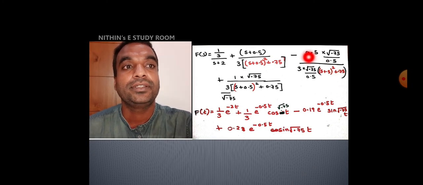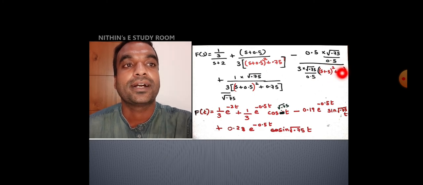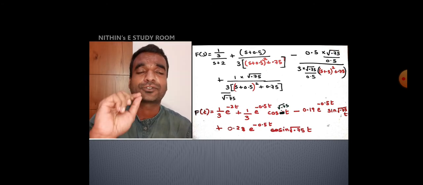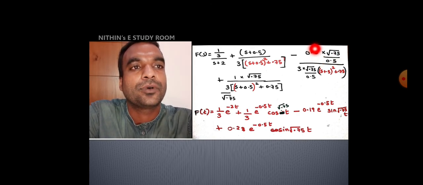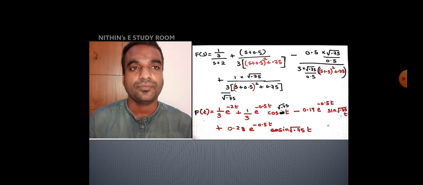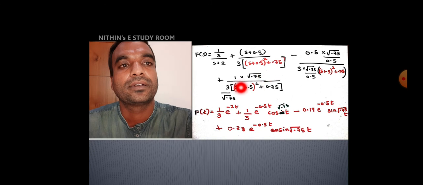And with that minus 0.5, I want root of 0.75 here, because in the denominator it is s square plus omega square, so in the numerator we need omega. What is sine omega t? Omega by s square plus omega square. So that's why I am dividing minus 0.5 by root 0.75, and I am multiplying with root of 0.75. Okay. And the third term is already here.